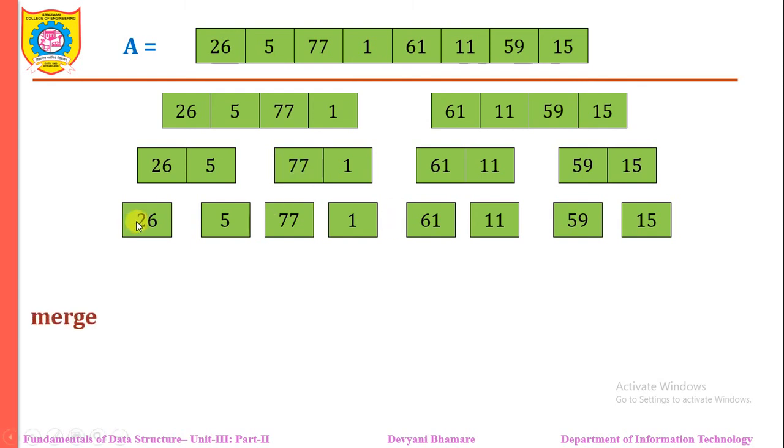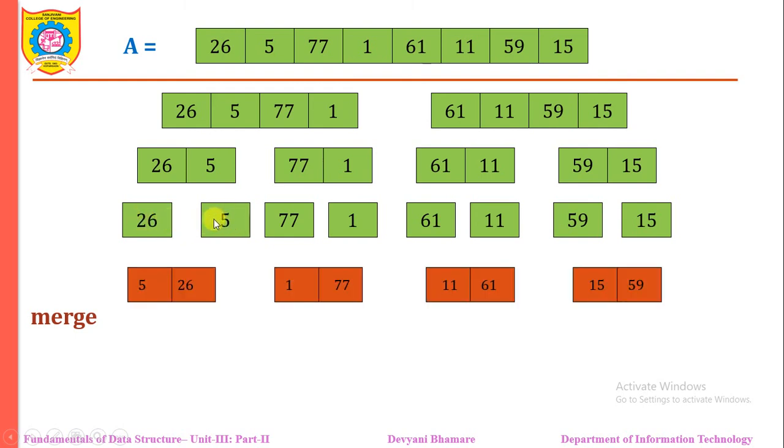Here 26 and 5 are merged in such a way that they are kept in sorted fashion, so the result is 5, 26. Then 77 and 1 are merged so that 1 and 77 are in sorted order. 61 and 11 are merged so that the resultant array is 11 and 61.